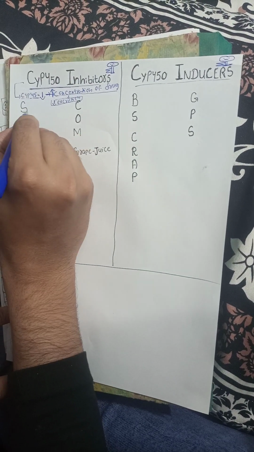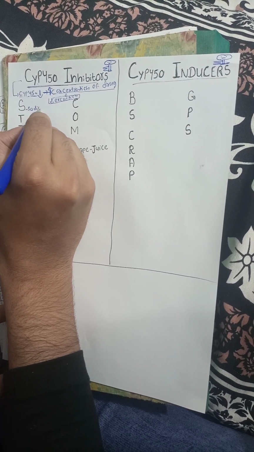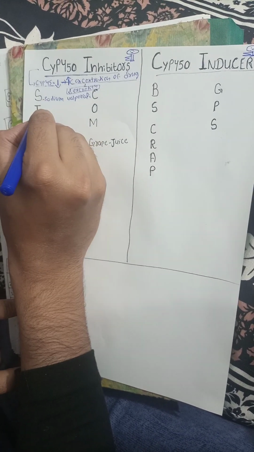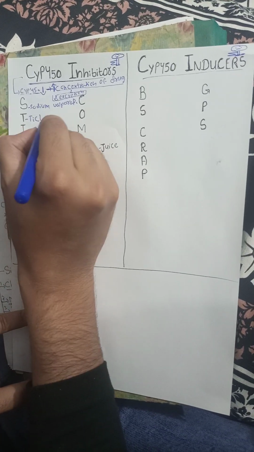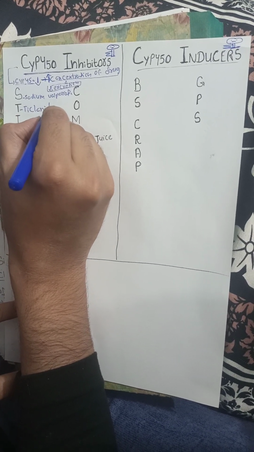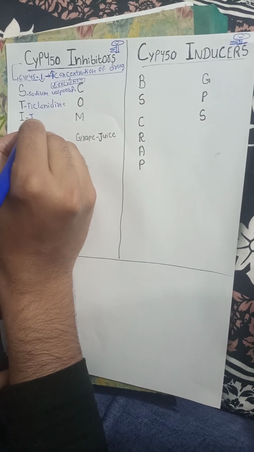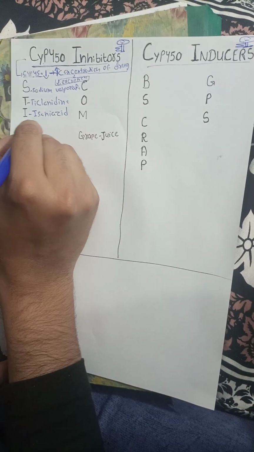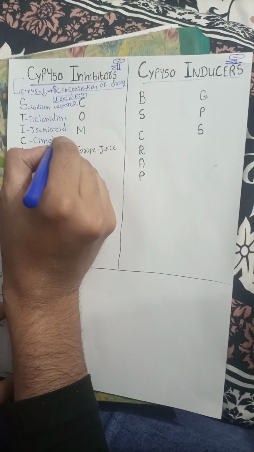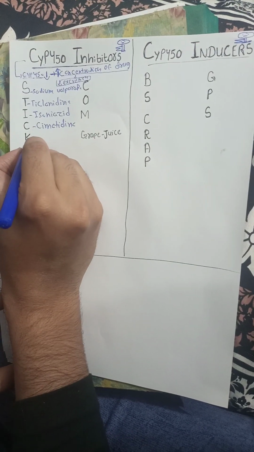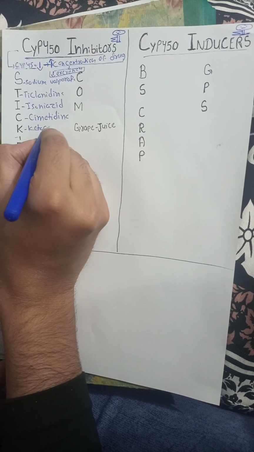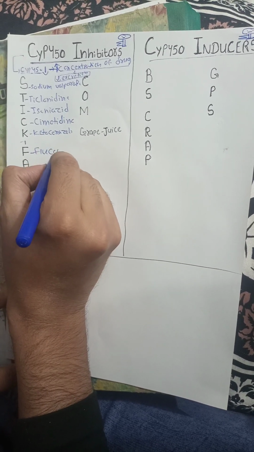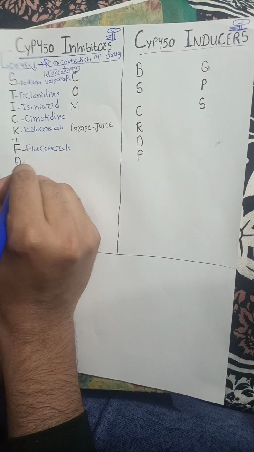Now, what is STICK? S is sodium valproate, T is ticlopidine, I is isoniazid, C is cimetidine, K is ketoconazole, F is fluconazole, and A is alcohol.